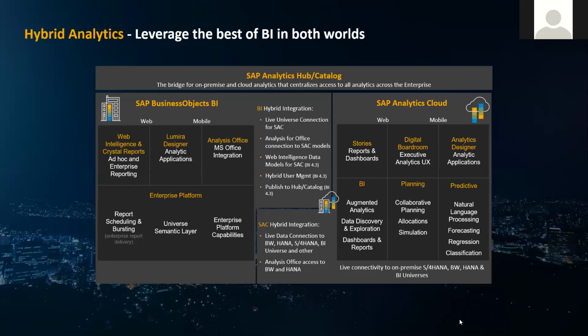So Business Objects BI will be published there and be up to date in terms of all the changes that you make on the platform. And then you have your SAP Analytics Cloud BI published there as well, and also your third-party BI. So this is your centralized portal for all your BI applications.